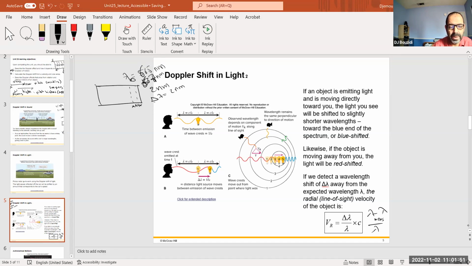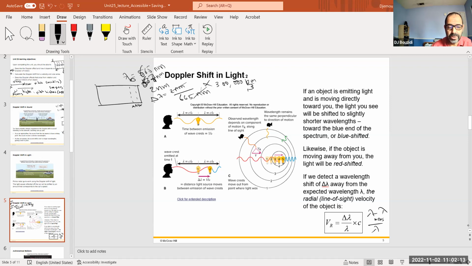I have to divide this number by the lambda, and the lambda is 665 nanometers. When I divide nanometer by nanometer, they cancel. So it's 2 divided by 665 times the speed of light, which is 300,000 kilometers per second. That's why this number is big.